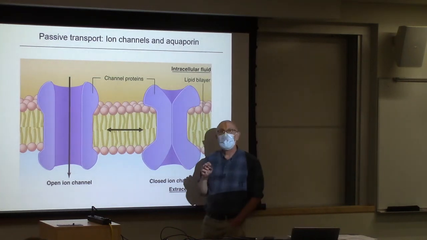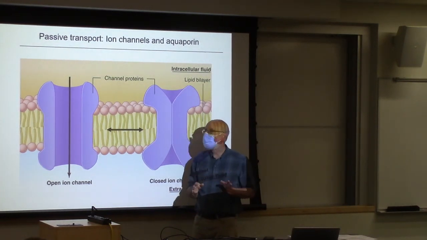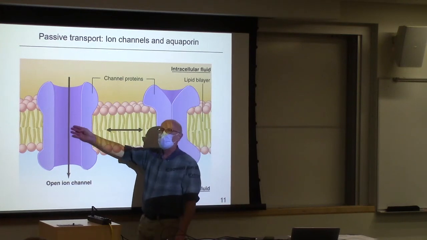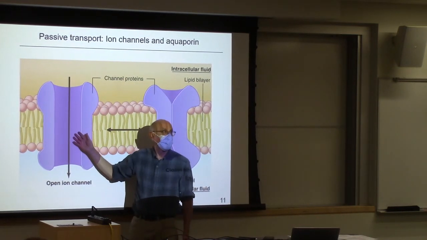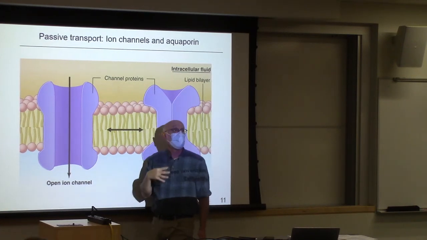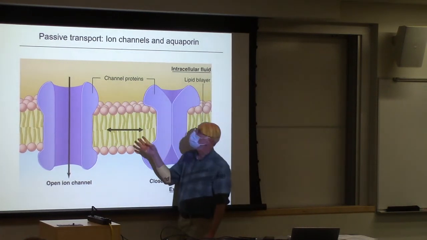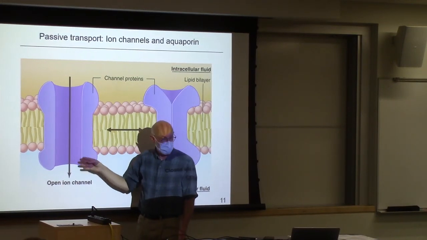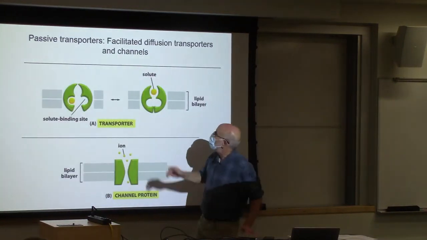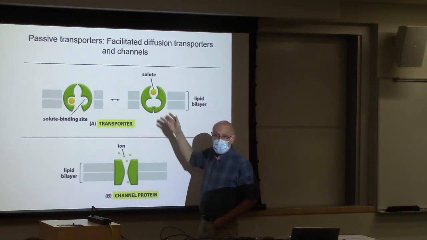This cartoon has a mistake-ish in it. It suggests that the ions simply pass through the channel without interacting with the protein. That's wrong. The ions will bind to sites within the protein, pretty much just like they bind here.